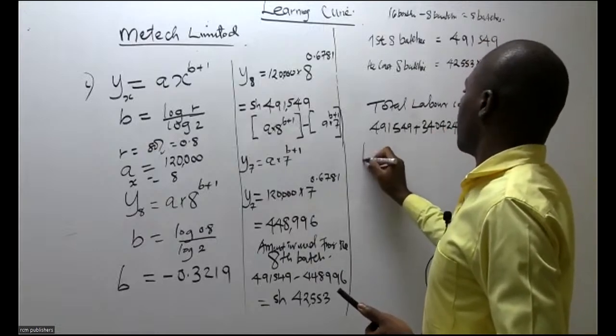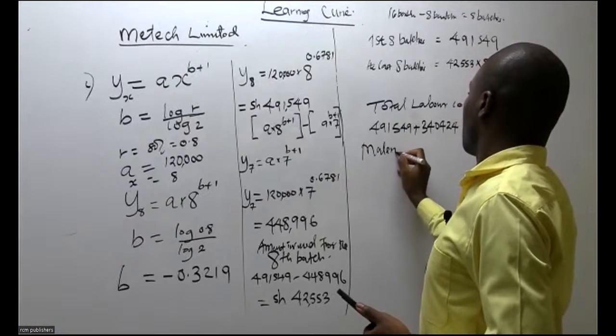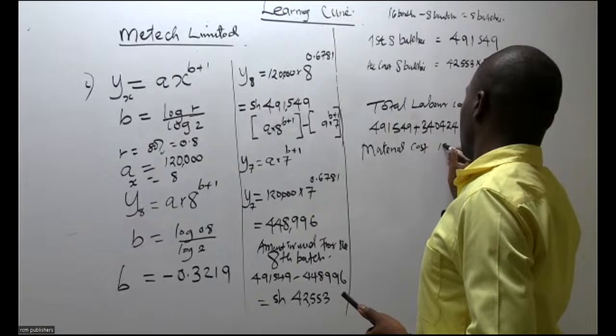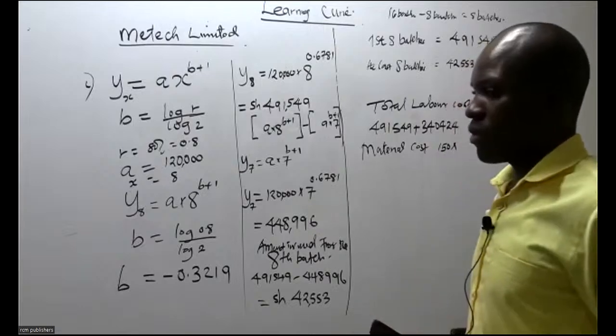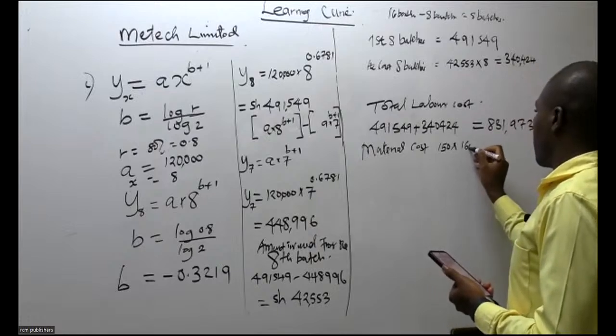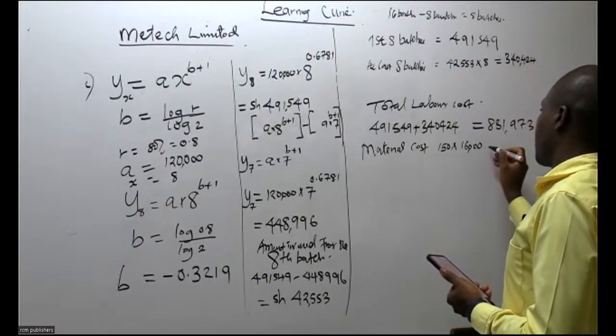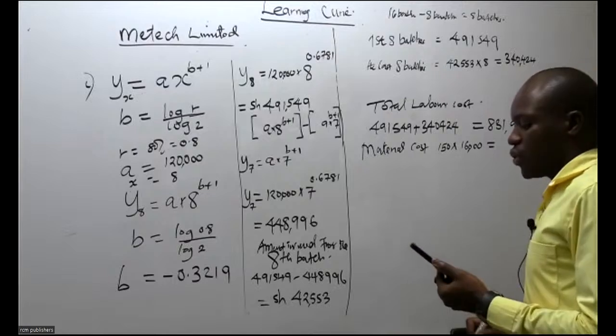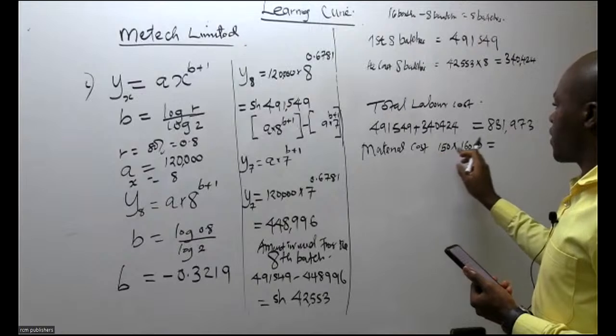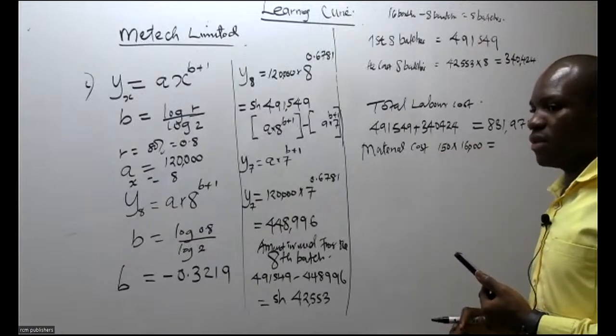Then material cost, we are told, is 150 shillings per unit. How many units do we have? We have a total of 16,000 units which were placed into batches. So how much will be our total material cost? Total material cost, 150 by 16,000.